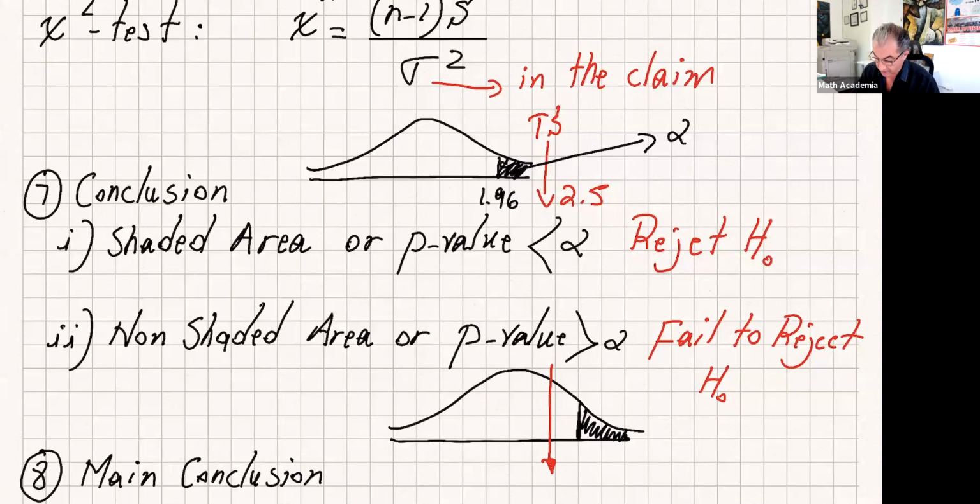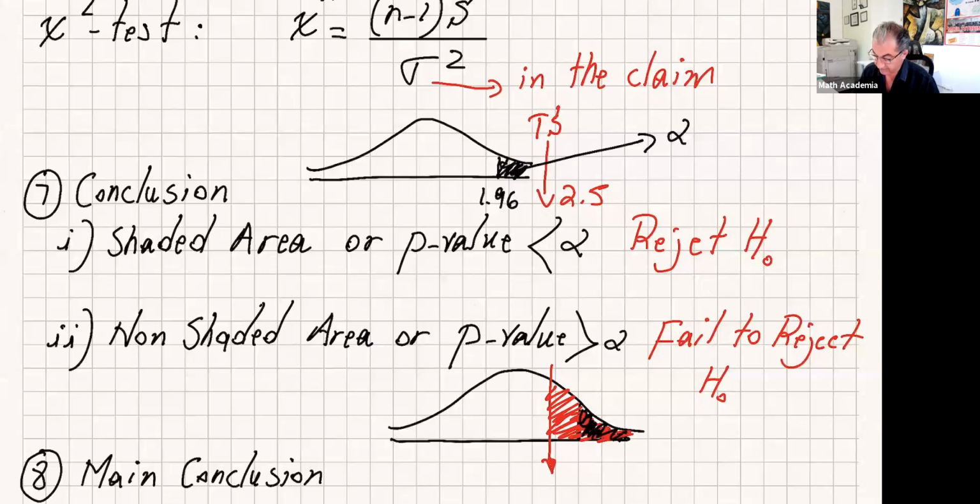P-value is the area after the red area, the test statistics. So you compare the red area to the black area. If the red area is greater than the black area, then you fail to reject H0, like in this case.